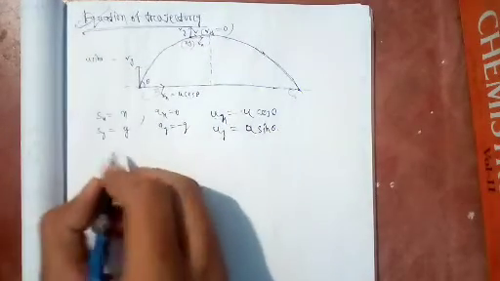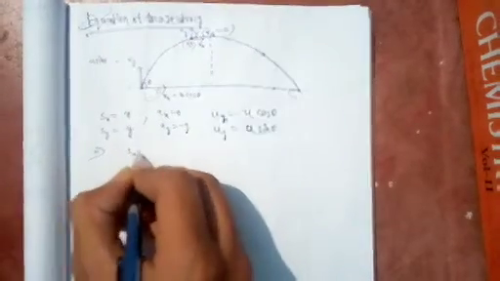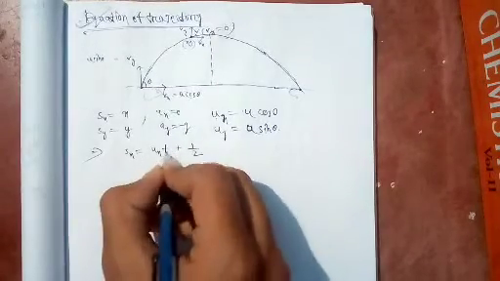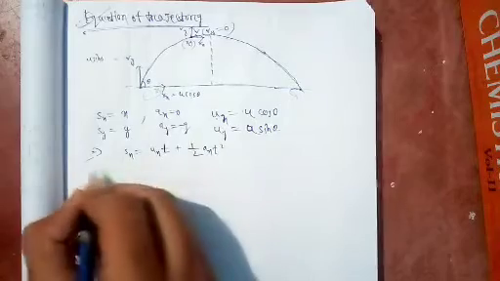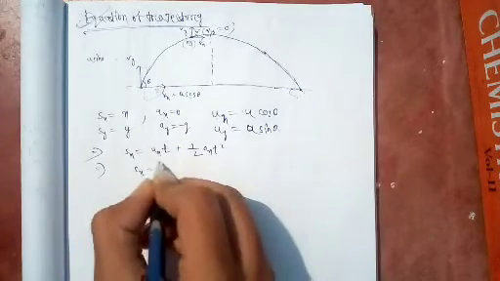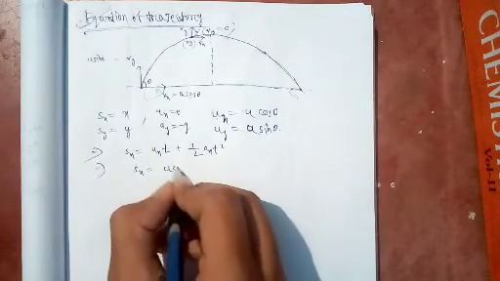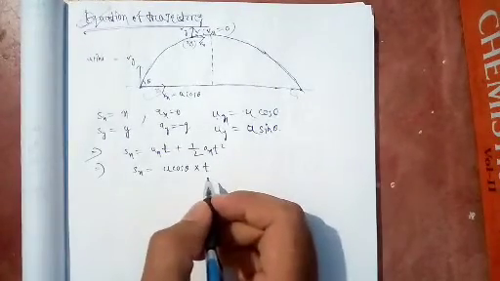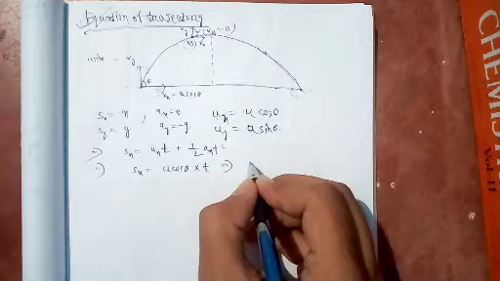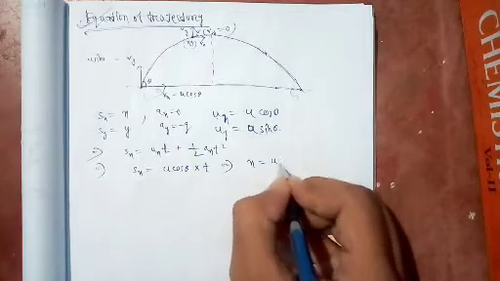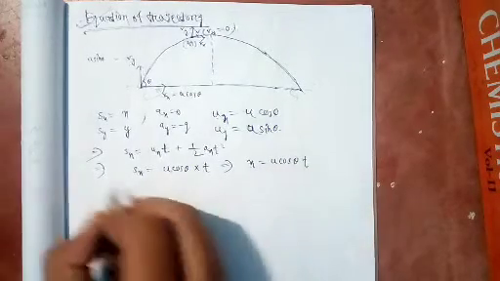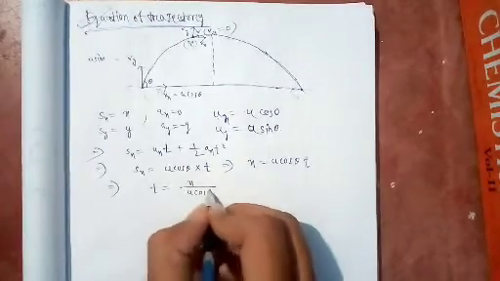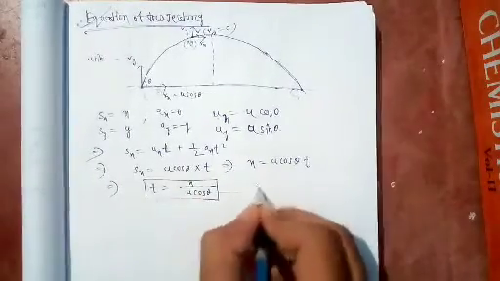Then come to the derivation. We know that sx is equal to ux t plus half ax t square, that is sx is equal to u cos theta into t. This implies x is equal to u cos theta into t, that is t is equal to x by u cos theta, equation 1.